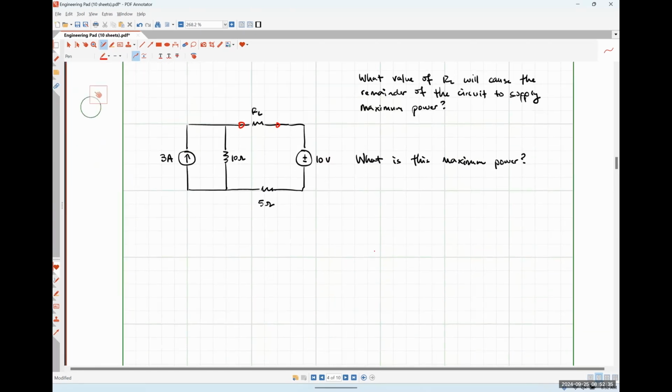Okay. So let me just draw a set of terminals here. If I transform this thing over here on the left into a practical voltage source, what would that be? 30 volts in series with 10 ohms, right?